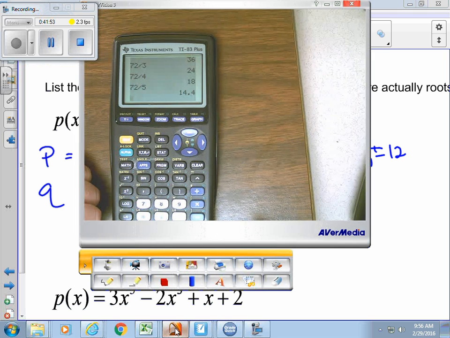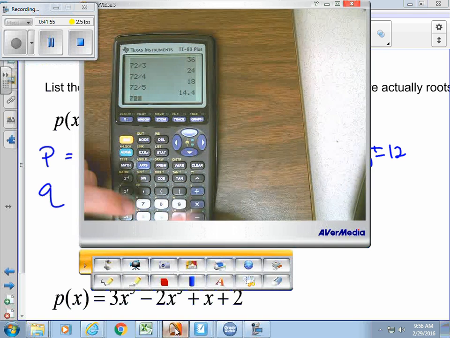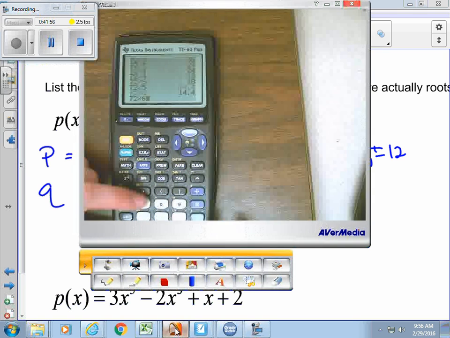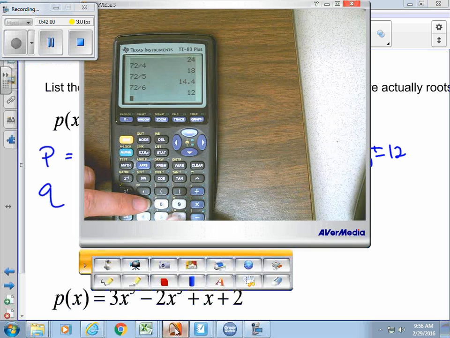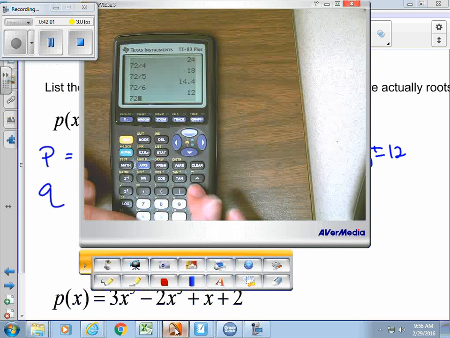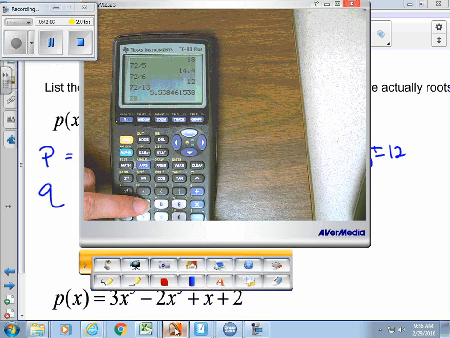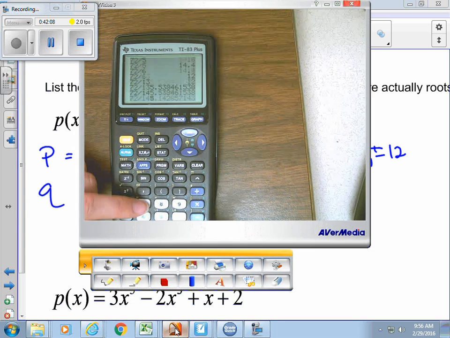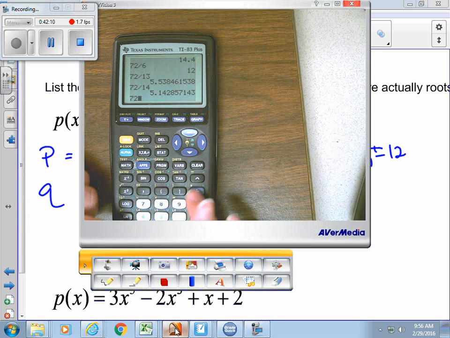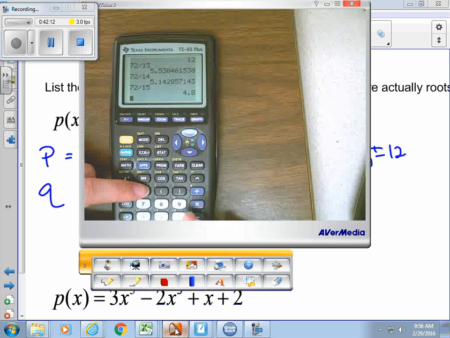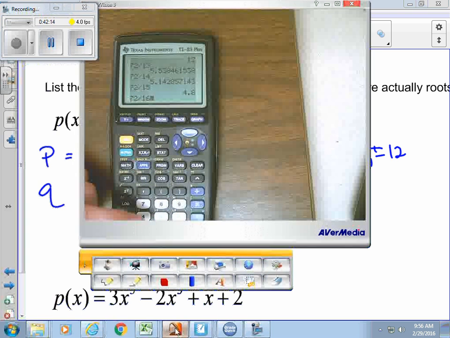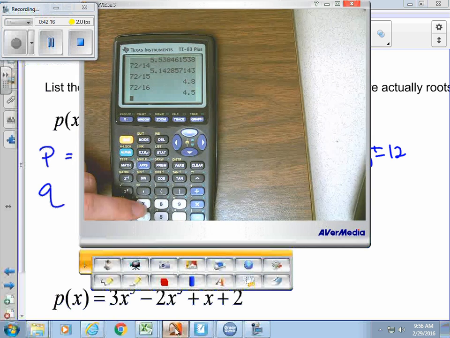Is 5 a factor? No. 6 and 12. 13 doesn't work. 14 doesn't work. 15 doesn't work. 16 doesn't work. 17 doesn't work.